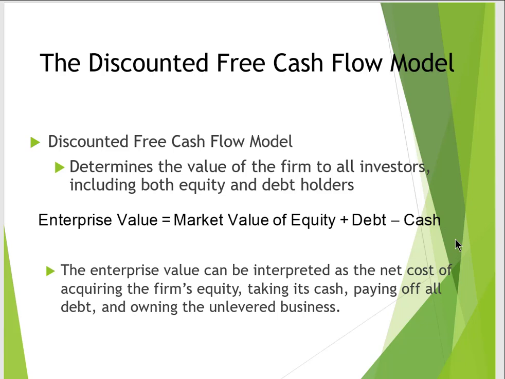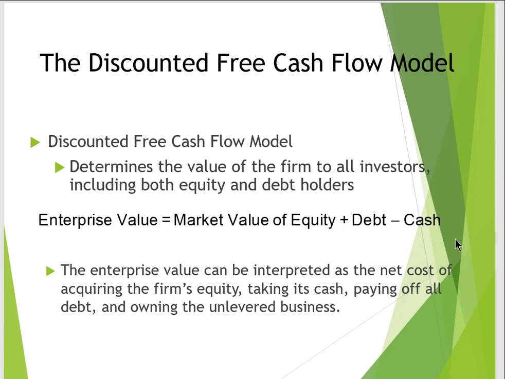Now we're going to move on to something referred to as the discounted free cash flow model. So the first thing we want to talk about is, what is this thing called enterprise value? The enterprise value can be interpreted as the net cost of the stock, the firm's equity, take the cash of the company, and pay off all of the debt.